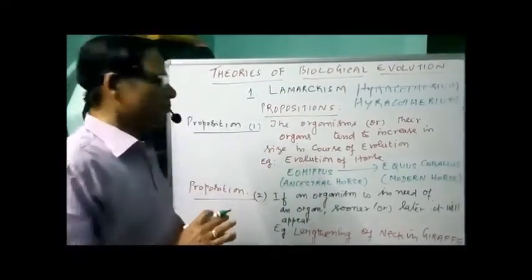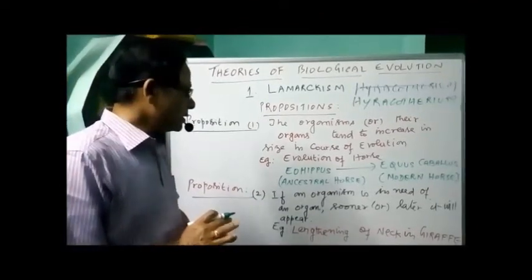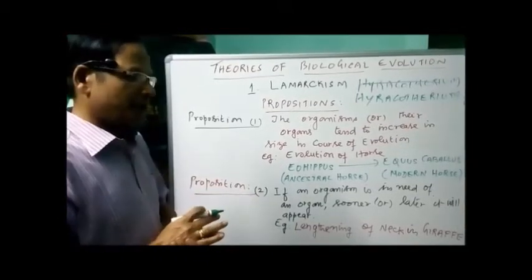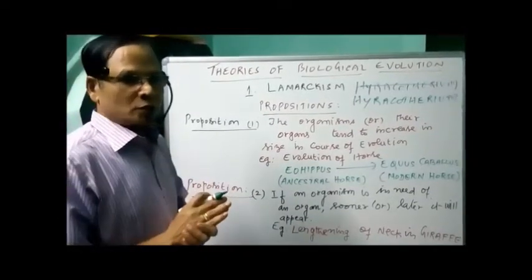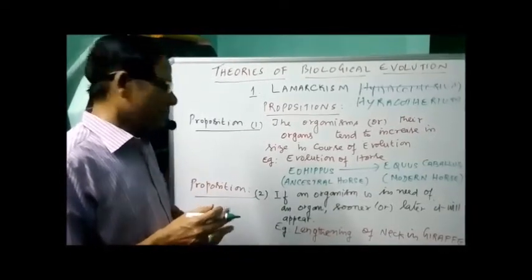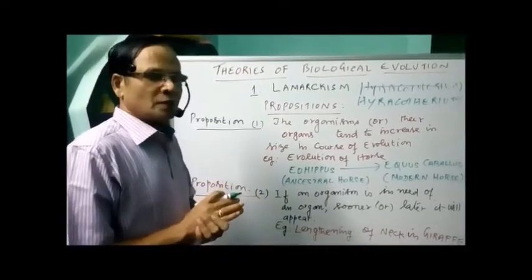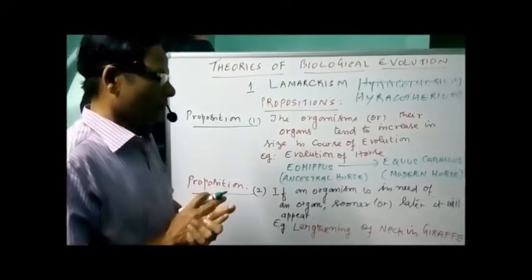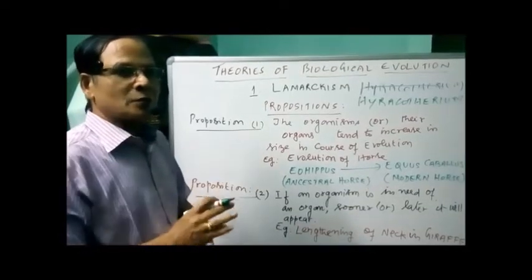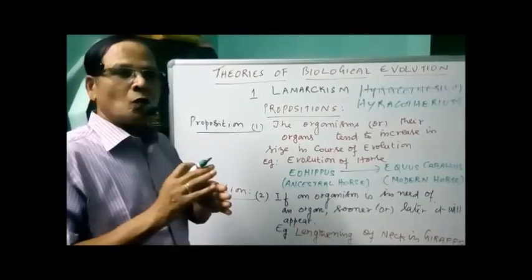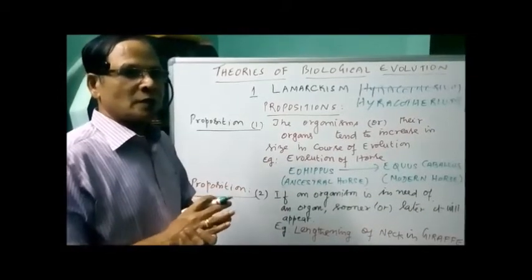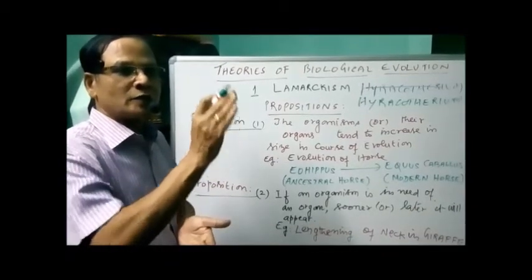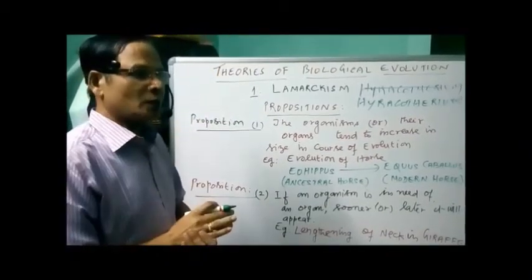The second proposition: if an organism is in need of an organ, sooner or later it will appear. It is a mere want to meet the needs. For example, the ancestral giraffe was short, with a short neck and short forelimbs, roaming in the grasslands. Once all the grasses were exhausted, there was no food available on the ground. They had to stretch their necks to get more food from the trees.